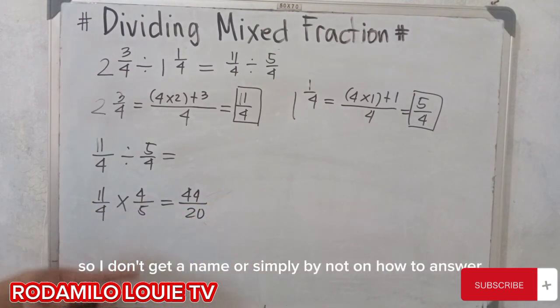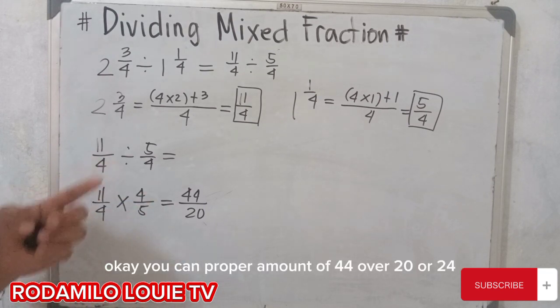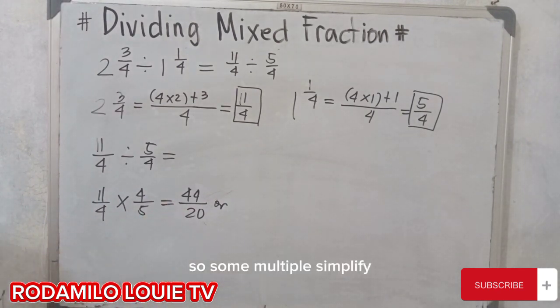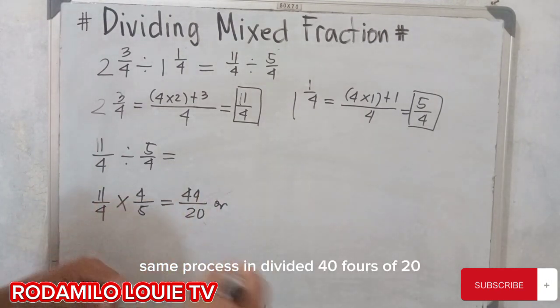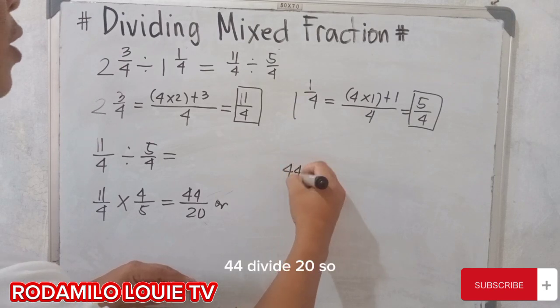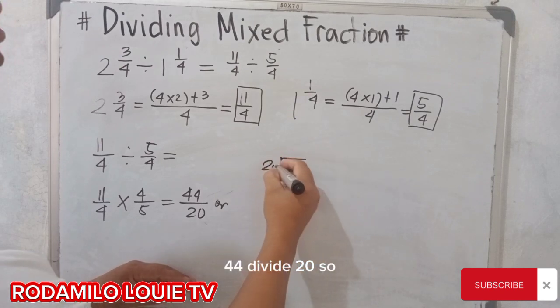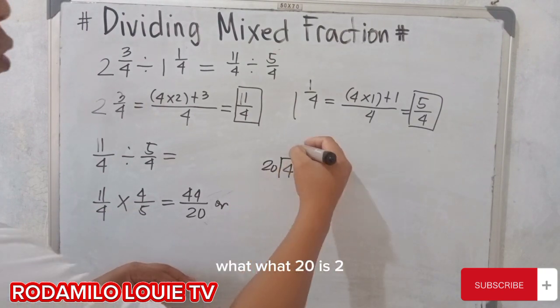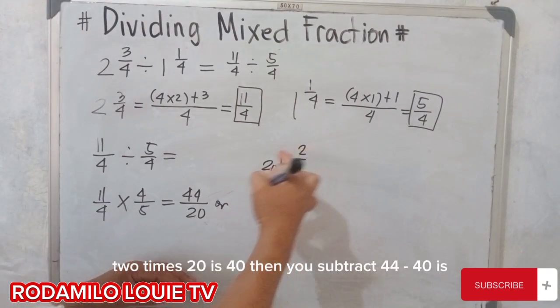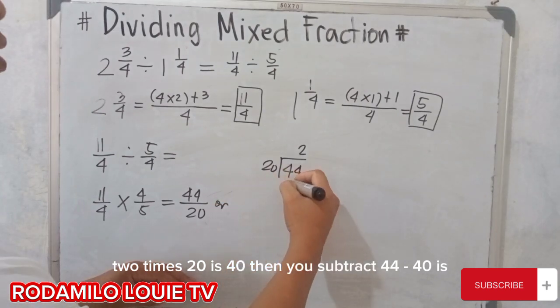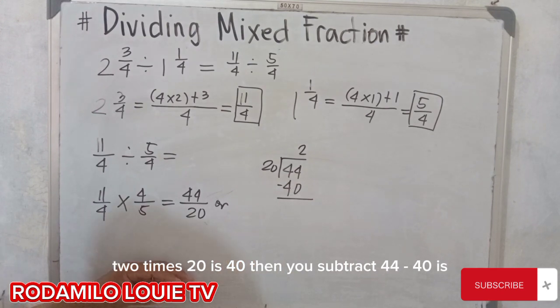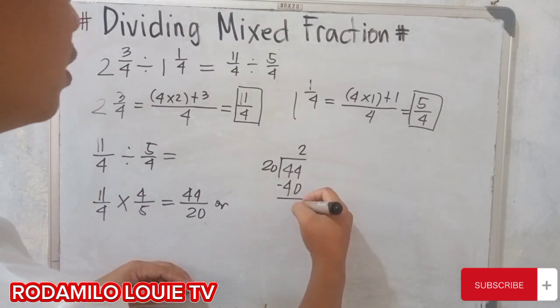Now we simplify our answer, since 44 over 20 is improper. Same process: divide 44 by 20. 44 divided by 20 is 2. 2 times 20 is 40. Subtract: 44 minus 40 is 4.